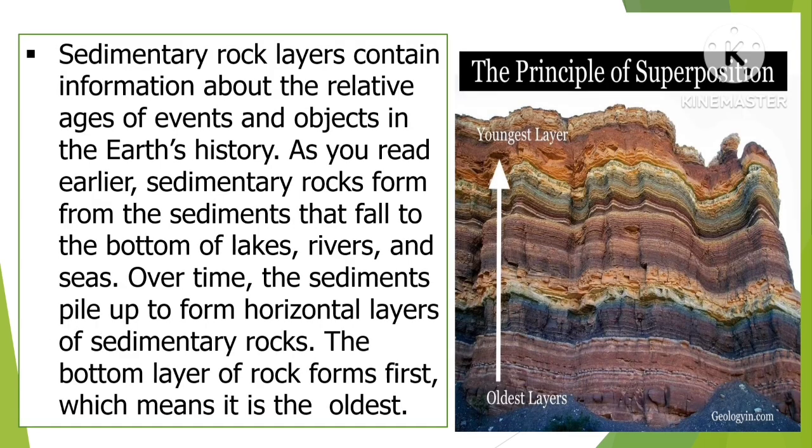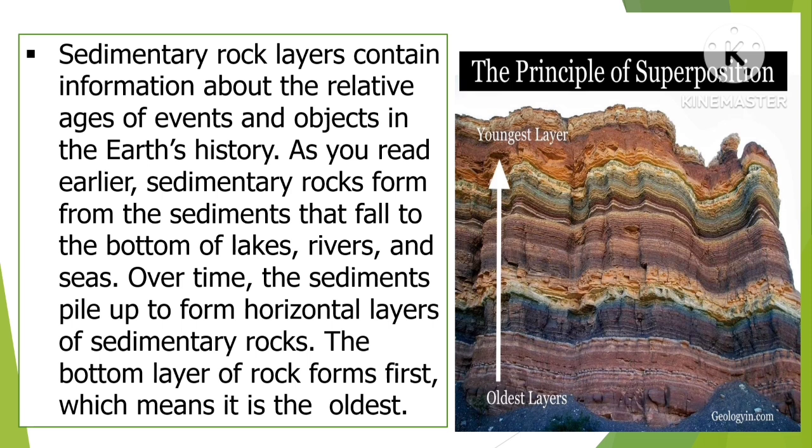Sedimentary rock layers contain information about the relative ages of events and objects in the Earth's history. As you read earlier, sedimentary rocks form from the sediments that fall to the bottom of lakes, rivers, and seas. Over time, the sediments pile up to form horizontal layers of sedimentary rocks.